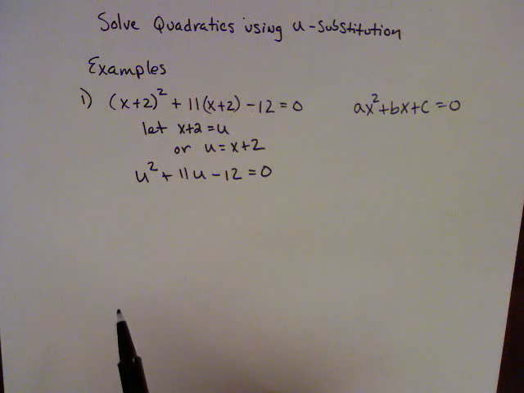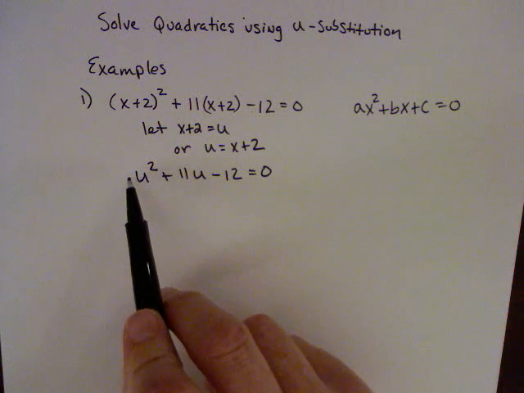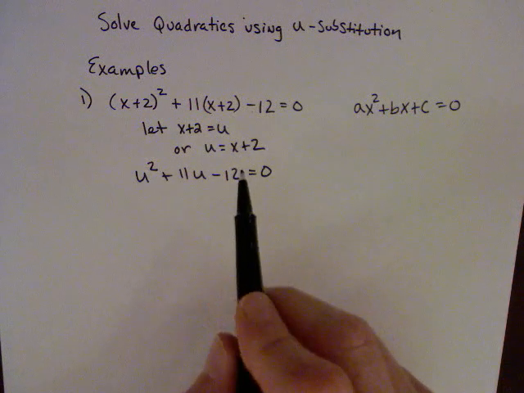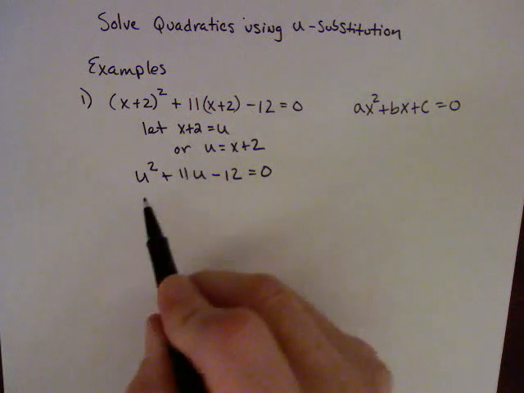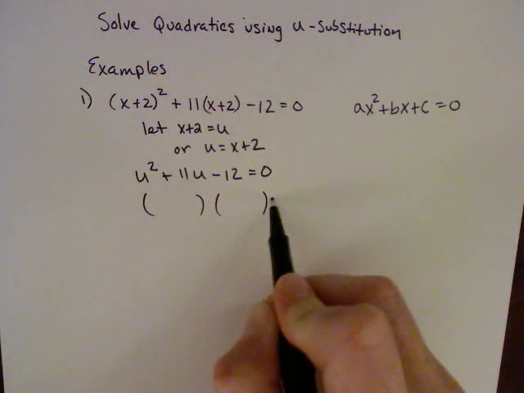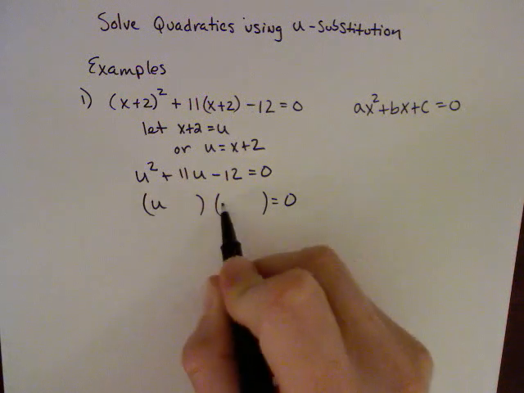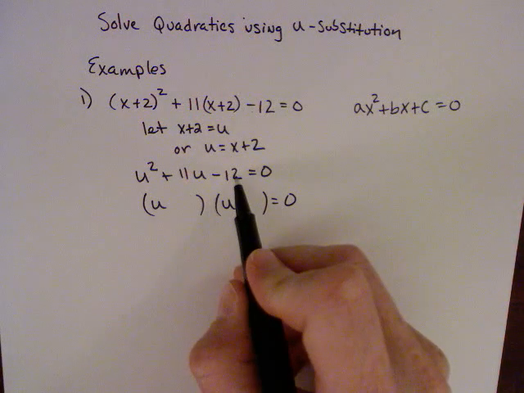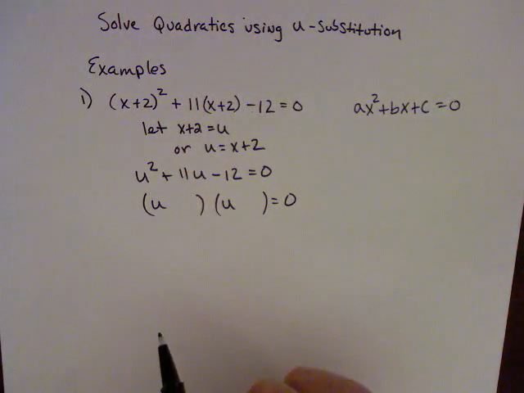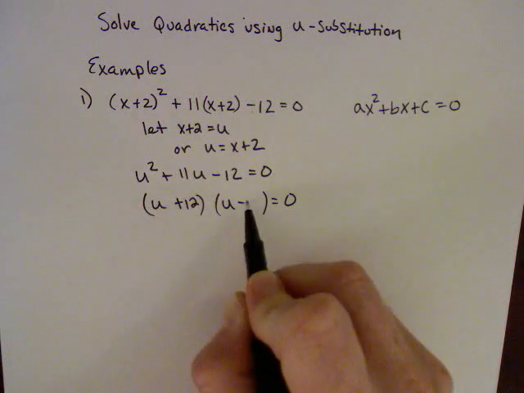That is easily solvable by factoring because the coefficient of u squared is 1, so all we have to do is find factors of negative 12 that add to 11. You can do that simply by splitting up u squared into its two factors, u and u. The two factors of negative 12 that are going to get us positive 11 are positive 12 and negative 1.